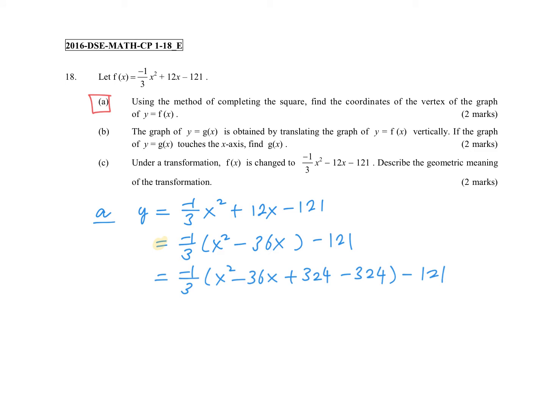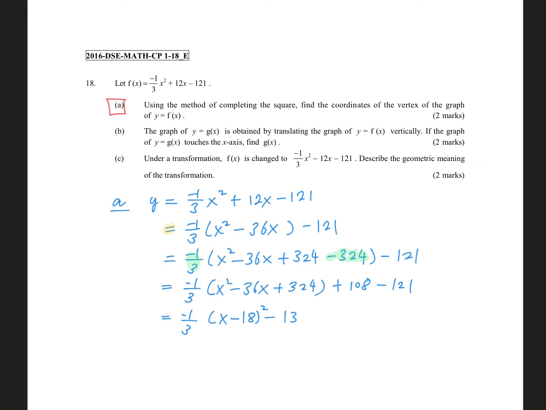And then here, be careful about negative 1/3 times negative 324, because we need to expel the fourth term out. And then negative 324 times negative 1/3 will become positive 108. So finally, it will become negative 1/3 times (x minus 18) squared, and then minus 13.